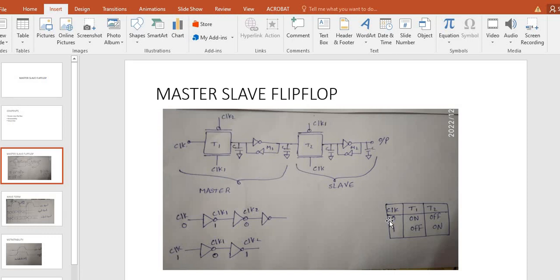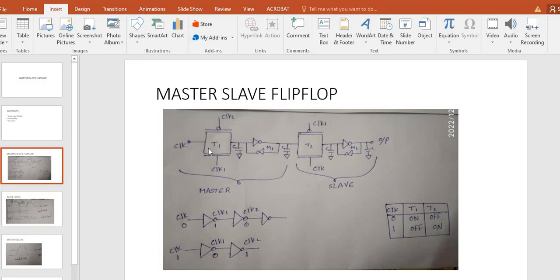Here we are giving clock 0. Clock 0 means low. With a low signal, T1 will be on. Now you will understand how it's on while we are giving clock 0. Here my desired input is 0. I have moved from 1 to 0, so initially it was 1.